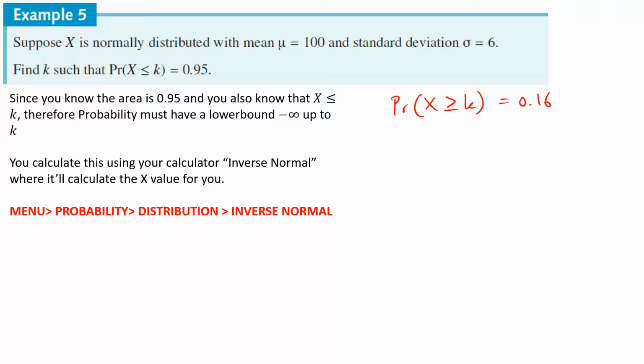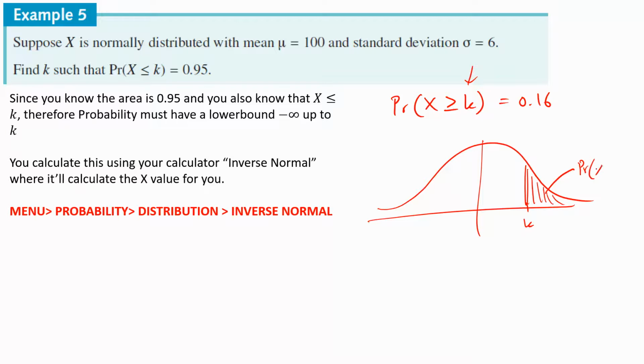I don't really care what my mean is. The point is, it's just saying greater than k, so k could be any point. K is at some point, and they're saying the area under that curve, which is the probability, is 16%. That's all they're telling you.